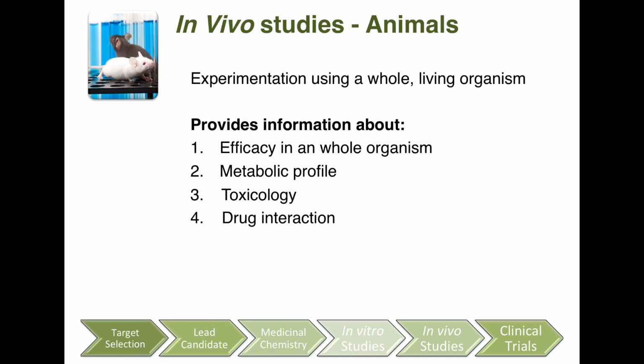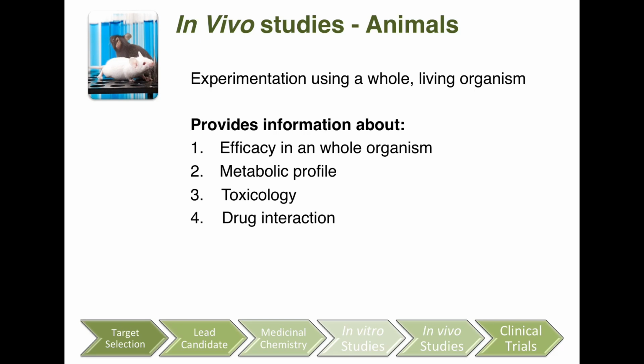This is very, very important, especially with people with chronic illnesses like cancer, because cancer patients are almost never on a single drug. Cancer patients may be on pain medications, they may be on heart medications, they might be on gastrointestinal medications. They're taking handfuls of medication every day. And understanding how your compound, which in the very next step of drug development is going to go into people, interacts with those compounds that are really commonly taken by the patients is very important in understanding how it's going to affect people taking the drug.